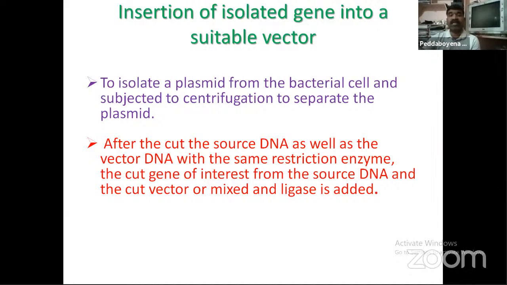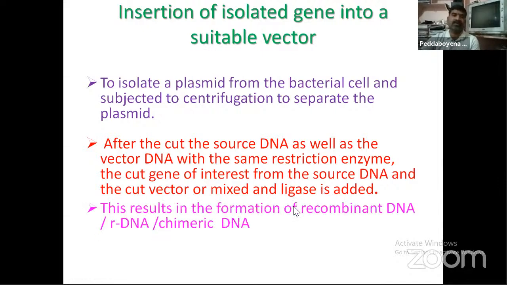Then the vector DNA is also cut by the process of restriction enzymes. Then, using the same restriction enzyme, the cut DNA of interest from the source DNA and the cut vector are mixed and ligase is added. This results in the formation of recombinant DNA.